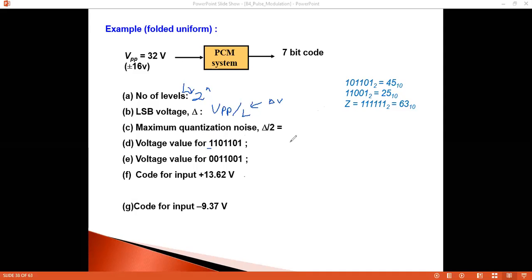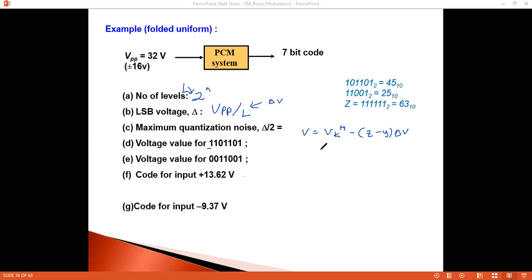We use this formula: since it's positive, voltage is equal to VKH minus Z minus Y times delta V. So we need to find VKH.